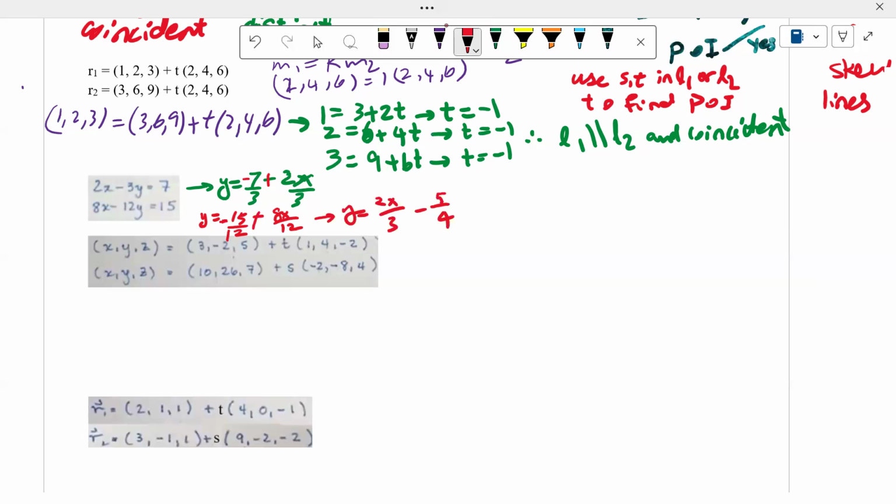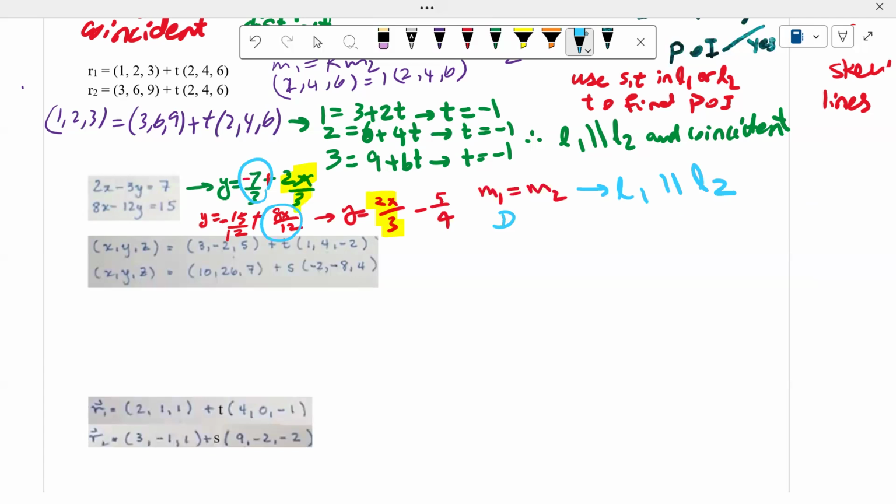So if you look at the slope of this line and the slope of this line, they're equal. So the slope of this one is equal to the slope of this one. Not vectors, these are slopes. They're equal. So what does that mean? That means line 1 is parallel to line 2. Now I'm going to look at the y-intercept. This y-intercept and this y-intercept are different.